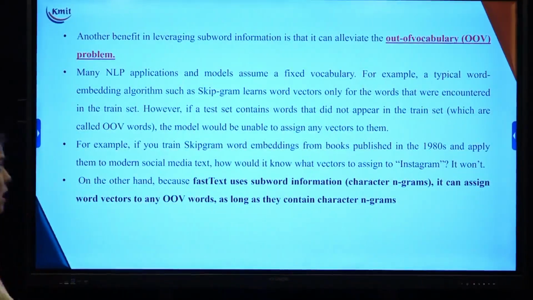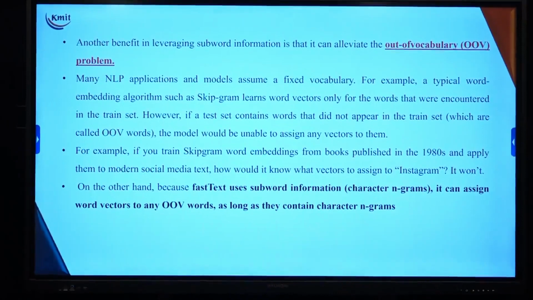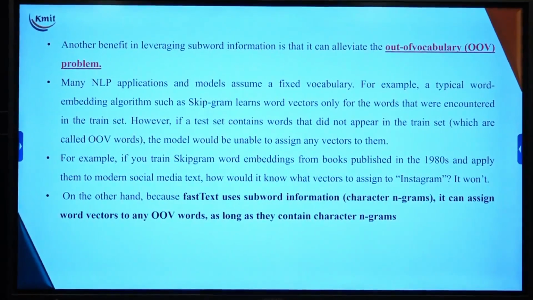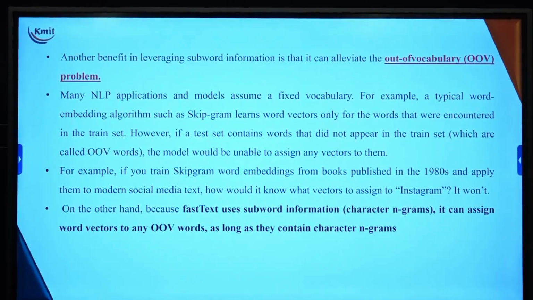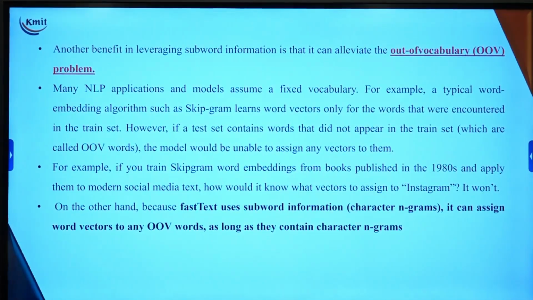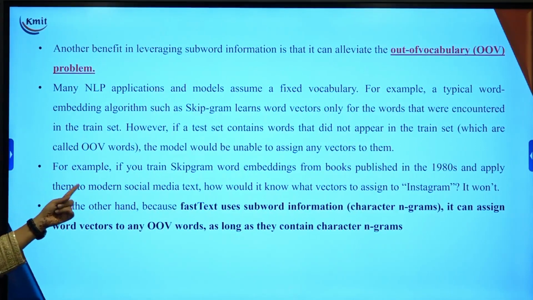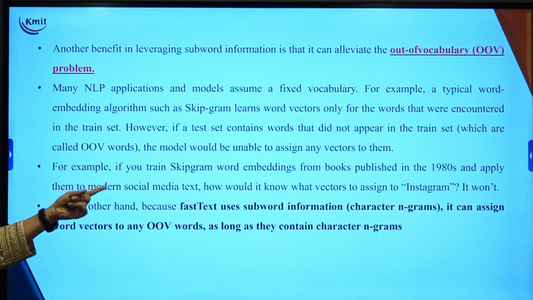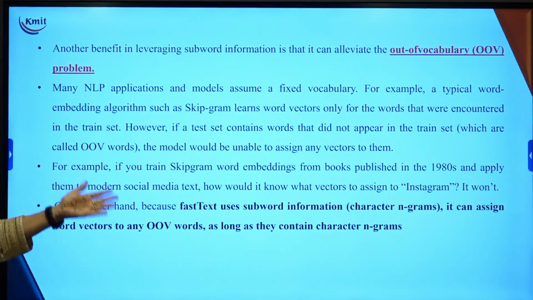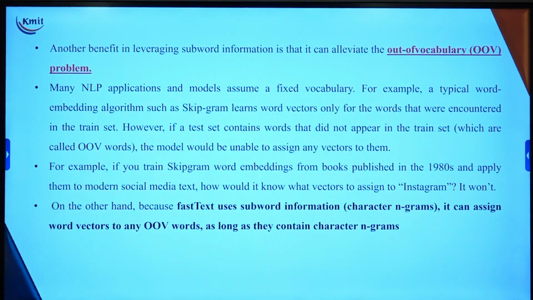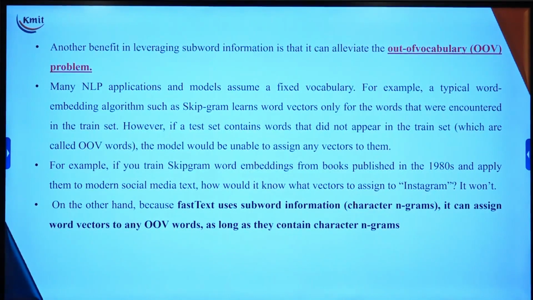Such words are called OOV words, out of vocabulary words. When you have OOV words, your test results may fail. For example, if you train skipgram word embeddings on a book published in the 1980s and apply it to social media text where you find the word Instagram, you may not find it.